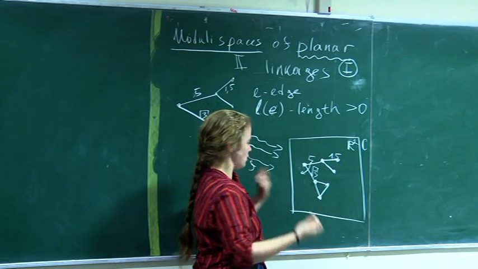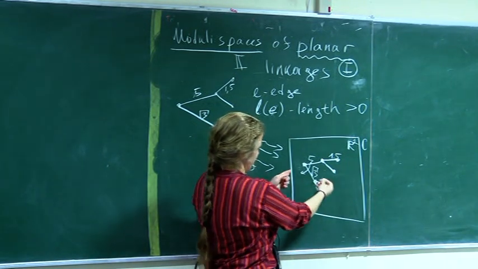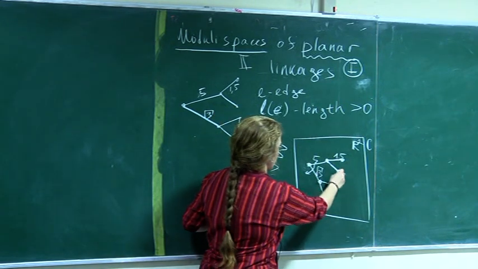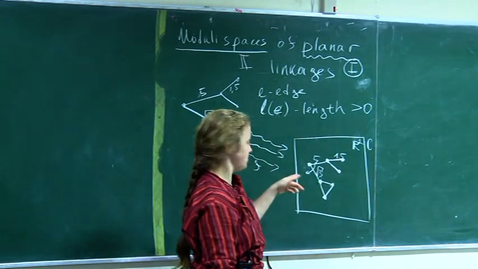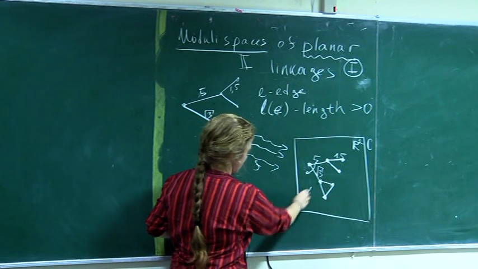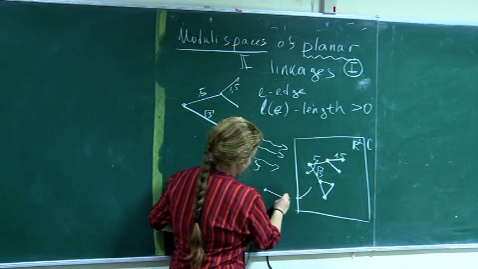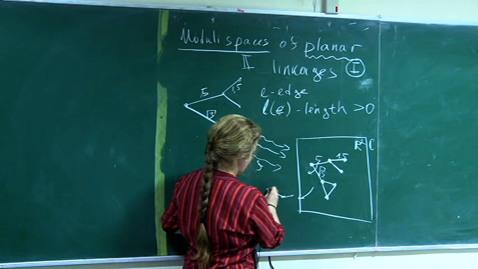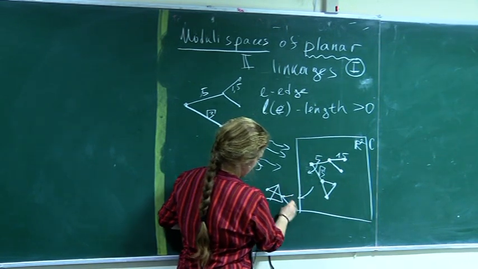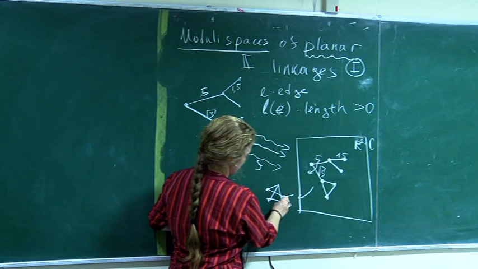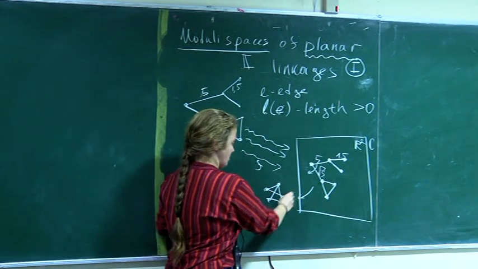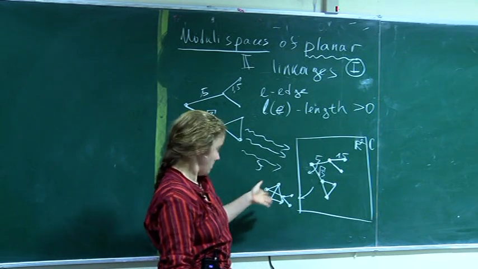In the general case it moves on a plane, and we will let it intersect itself. So it can move and change its configuration, something like this. This will be a configuration of the same linkage with the same lengths.